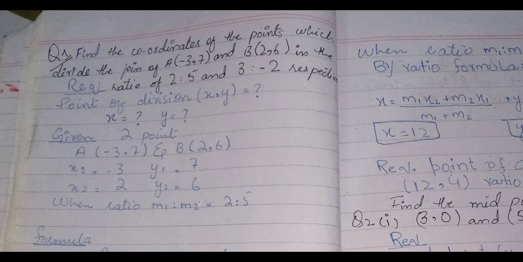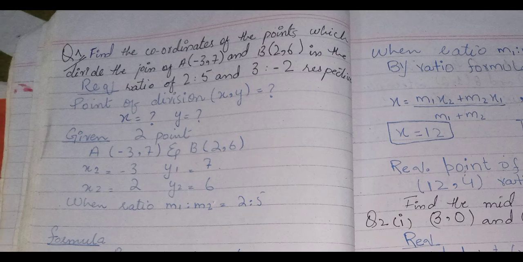A bar has two ends, a and b, corner a and corner b, and each corner has two coordinates, x-axis and y-axis. For a, in the x-axis we have -3, and in the y-axis of a we have 7. Similarly, we have b and its coordinates, and the question gives us the ratio of cutting the bar, and we have the ratio of 2:5.